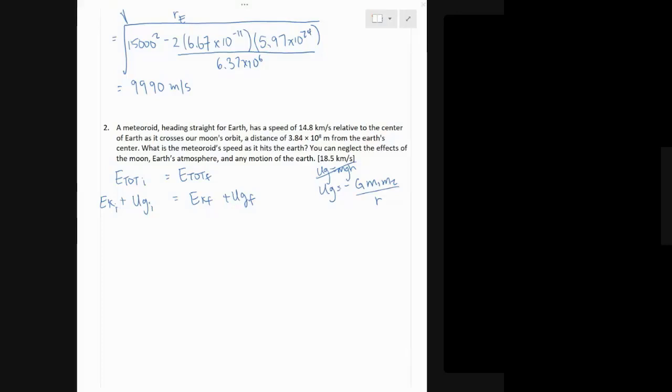If R is infinity, so if the question says you're very far away from the Earth, or infinitely far away, that's when UG would be 0. In this case, it wants to know the speed of the meteoroid when it hits the Earth. So R is not infinity. It's the radius of the Earth, so UG is not going to be 0, and none of the terms get crossed off.